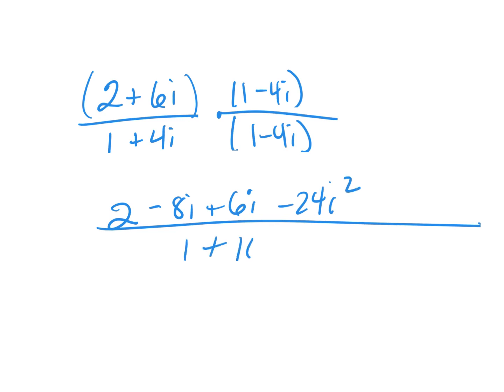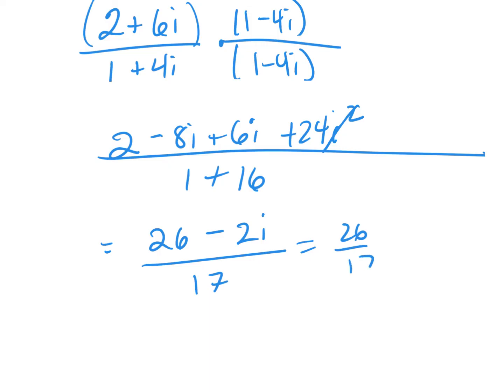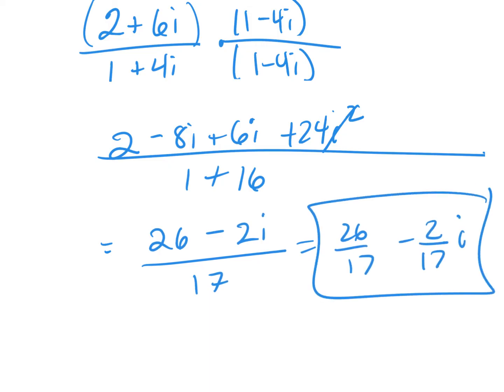Bottom, 1 plus 16. All right, top becomes 26, the i squared goes away, change the sign. 26 minus 2i all over 17. 26 over 17 minus 2 over 17 i. All right, and that's it.